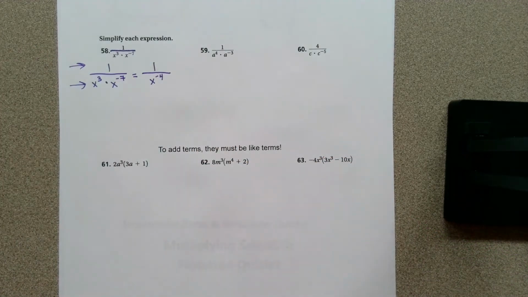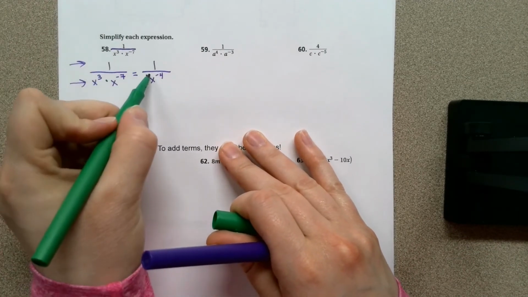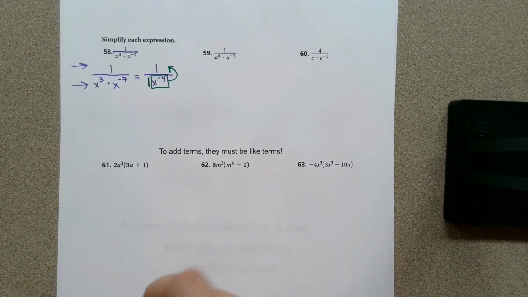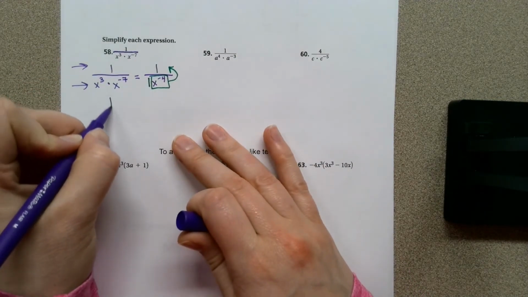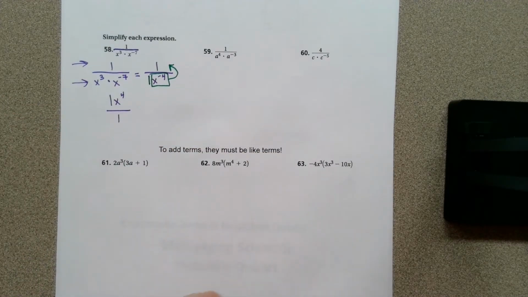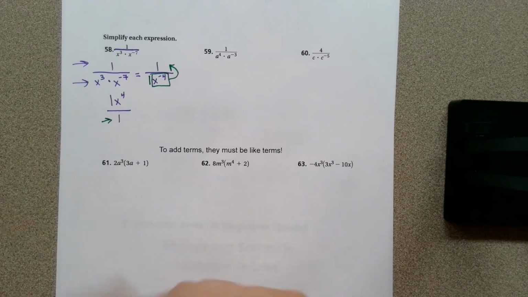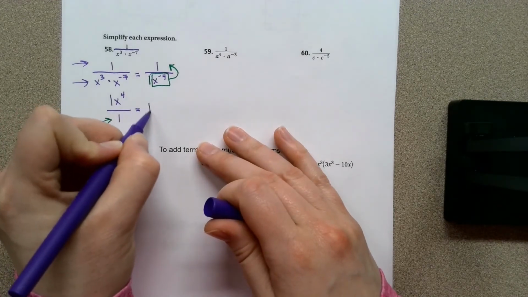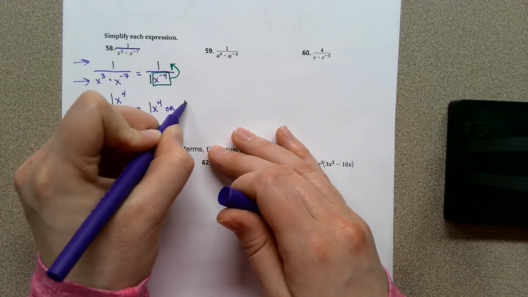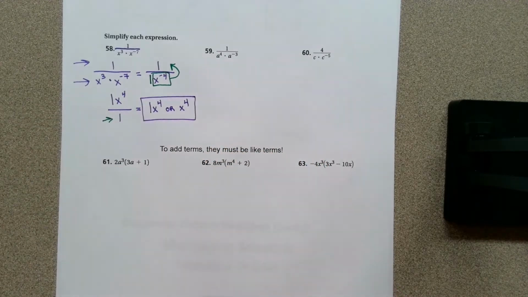At this point, there's a negative exponent, so we have to, 1, give it a coefficient, and then bring that to the top because it's negative, which gives us 1x to the 4th power over 1 in the denominator. Because it's in the denominator, we do not need to keep it, so really in the end, 1x to the 4th, or just simply x to the 4th, would be acceptable answers for this problem.